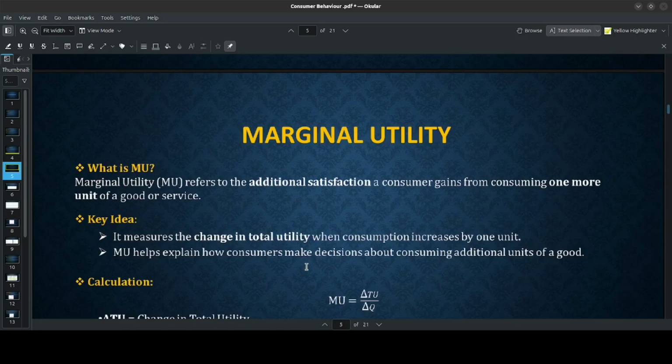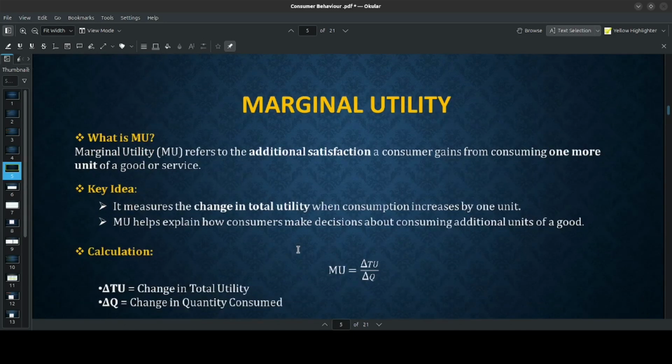Now let's explain marginal utility. The key idea: it measures the change in total utility when consumption increases by 1 unit.